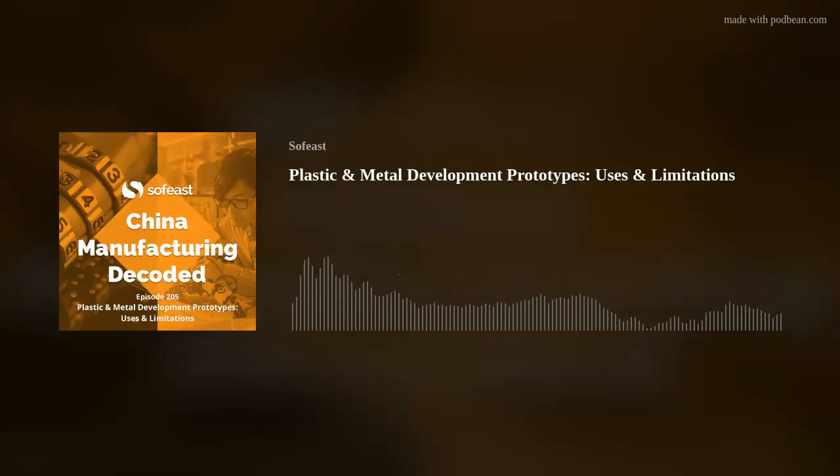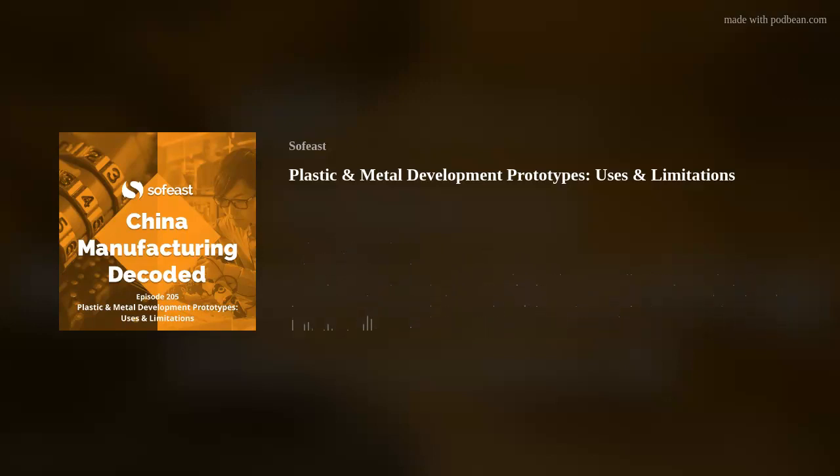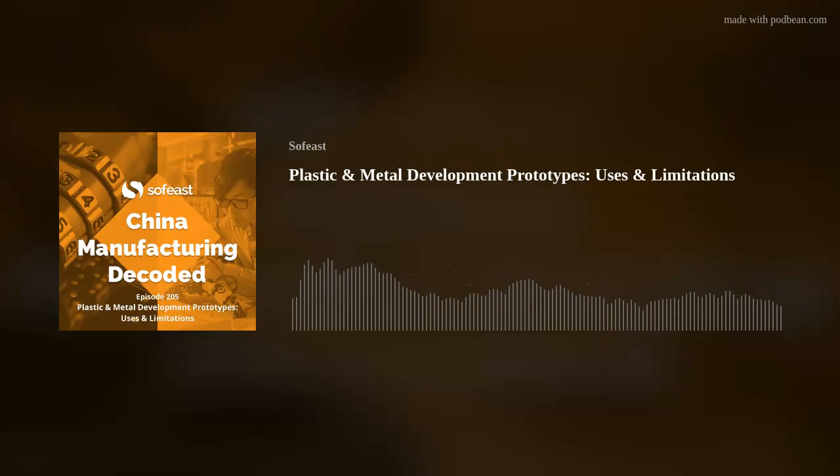It's meant for, again, bringing us back to the development phases of a product. It's meant for making sure that we can validate the product before we move into any expensive tooling. Because if you jump into tooling without going through the validation of your prototypes and there's an issue, guess what? That's an expensive jump to make, because you're potentially forever chasing your tail modifying the tools, or you've got to scrap them and start again.